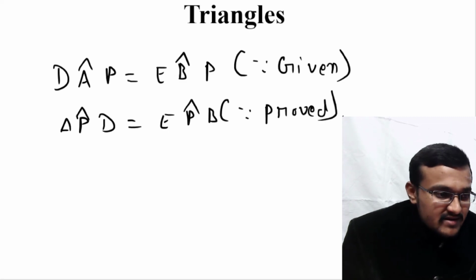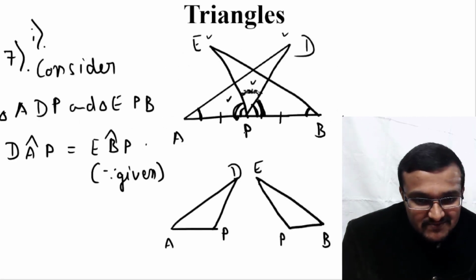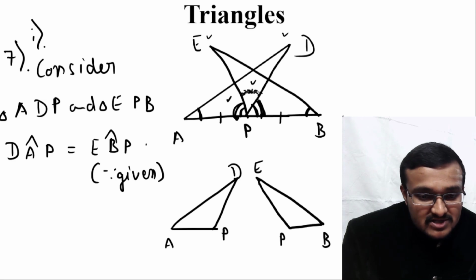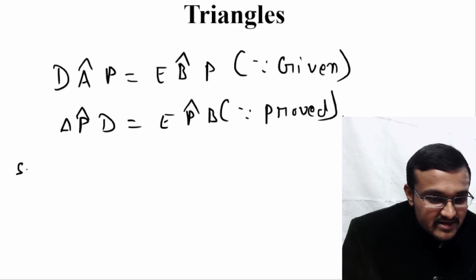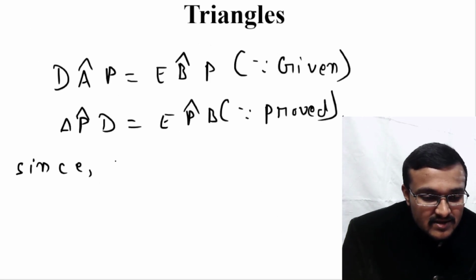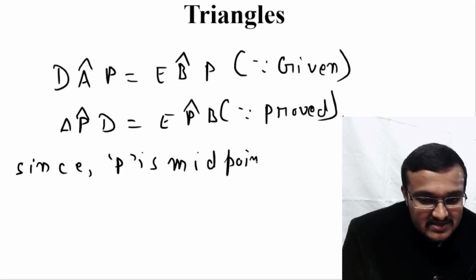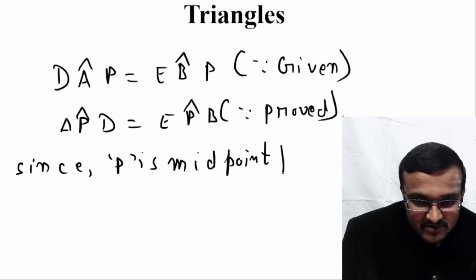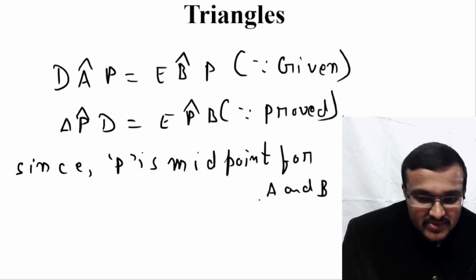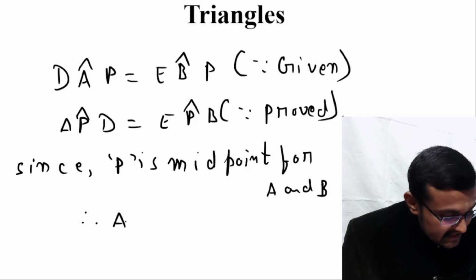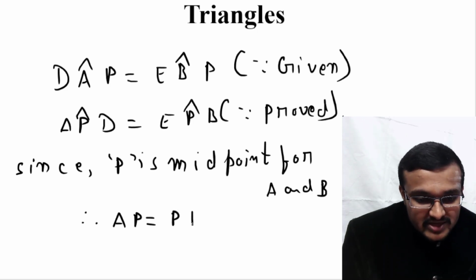Now, here in this diagram, you can see P is the midpoint. So since P is the midpoint of A and B, therefore AP will be equal to PB.